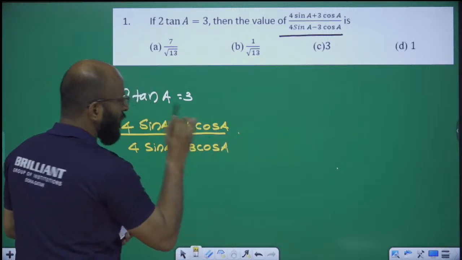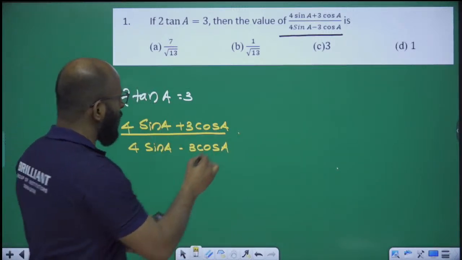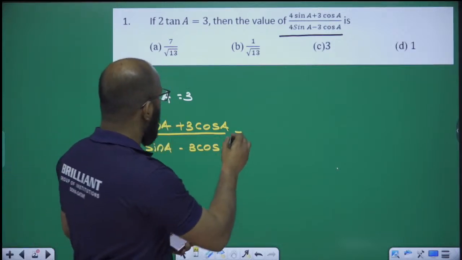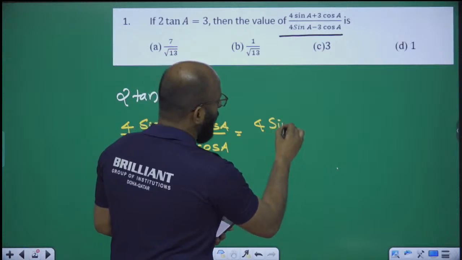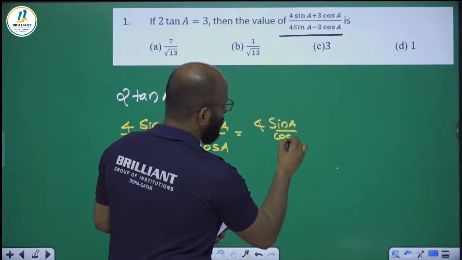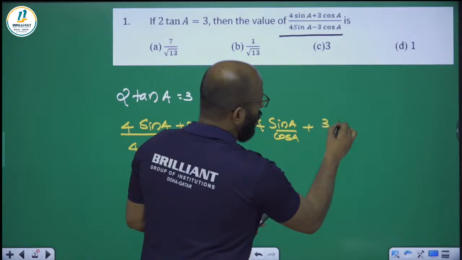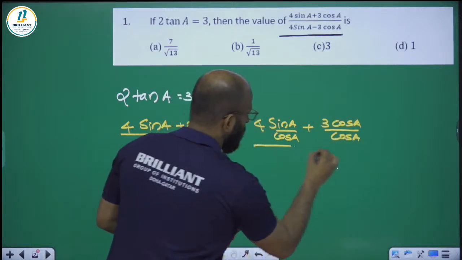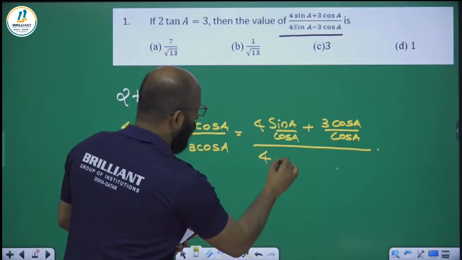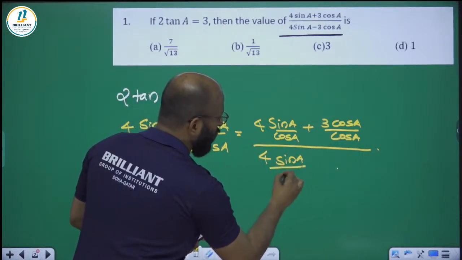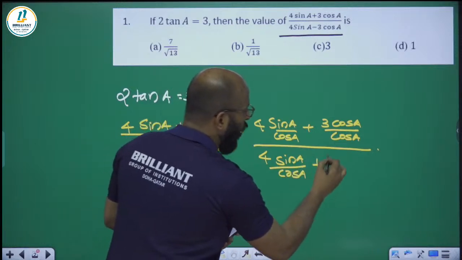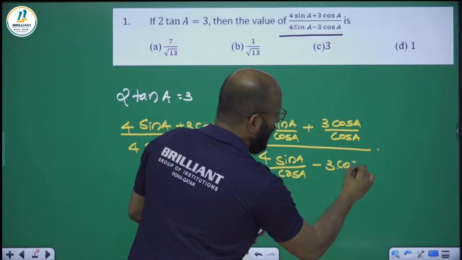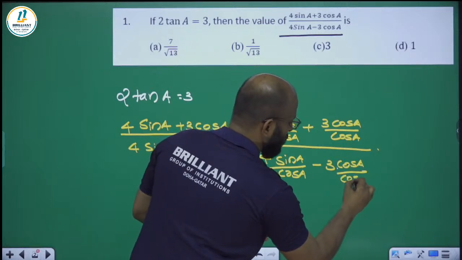Now I'm going to divide both numerator and denominator by cos A. We get (4 sin A by cos A plus 3 cos A by cos A) divided by (4 sin A by cos A minus 3 cos A by cos A).